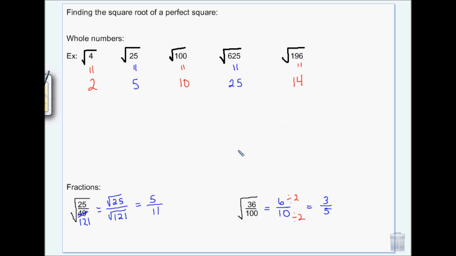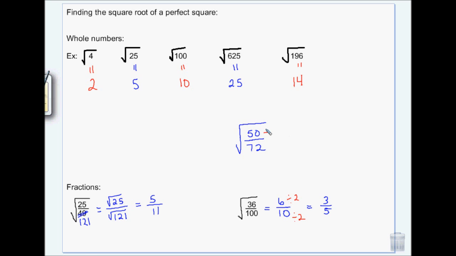Now sometimes you might want to reduce, so let's say I have 50 over 72. These are not perfect squares, right?